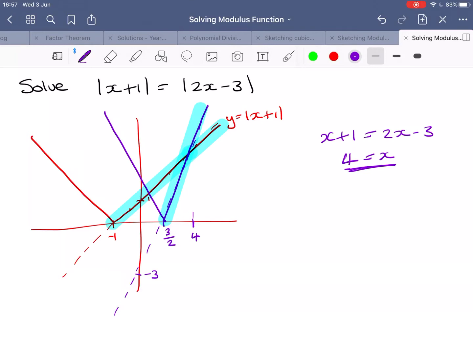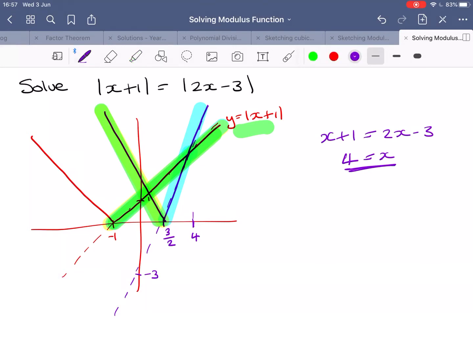It looks quite sensible. Now look at the second one, and at this point I've got this line here and this line here intersecting. Actually, I'll make them both green. So I've got this line and this line intersecting. Well, if I look at this, it's the positive part of the y equals the modulus of x plus 1.